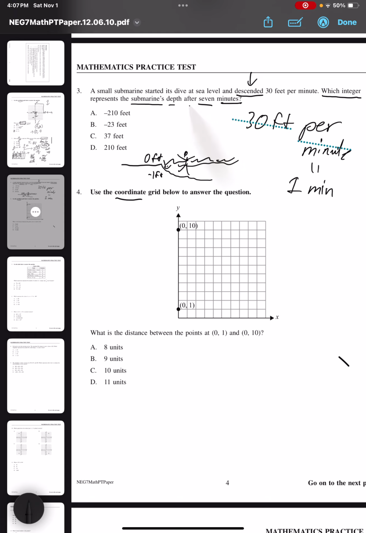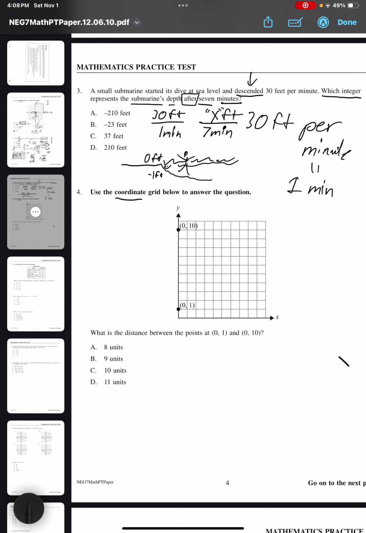After 7 minutes, that's the key word. So if every minute, let's just put 30 feet up here, and let's put it over 1 minute. If after 7 minutes, let's put it on the same area, we need to find out the amount of, so I'm going to put X because I don't know exactly how many feet it is.